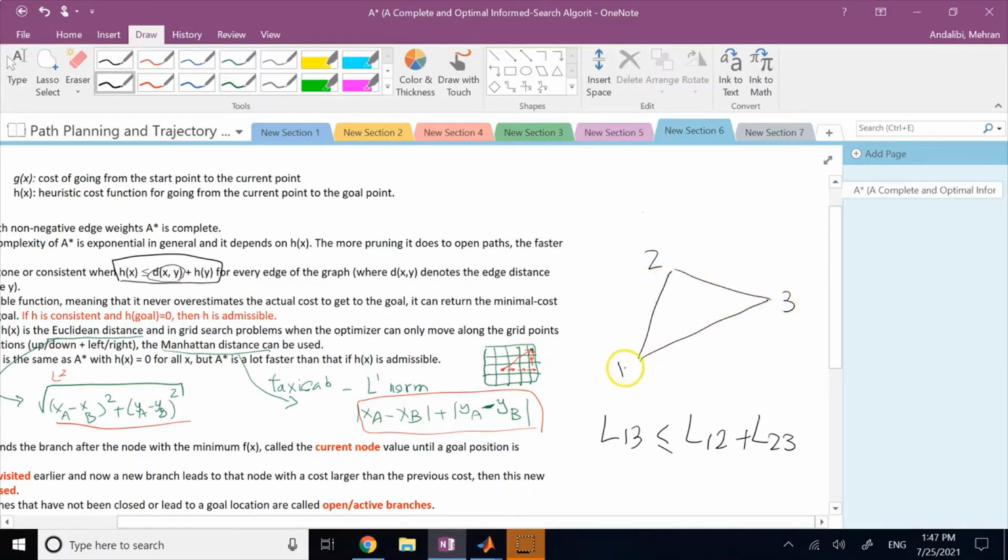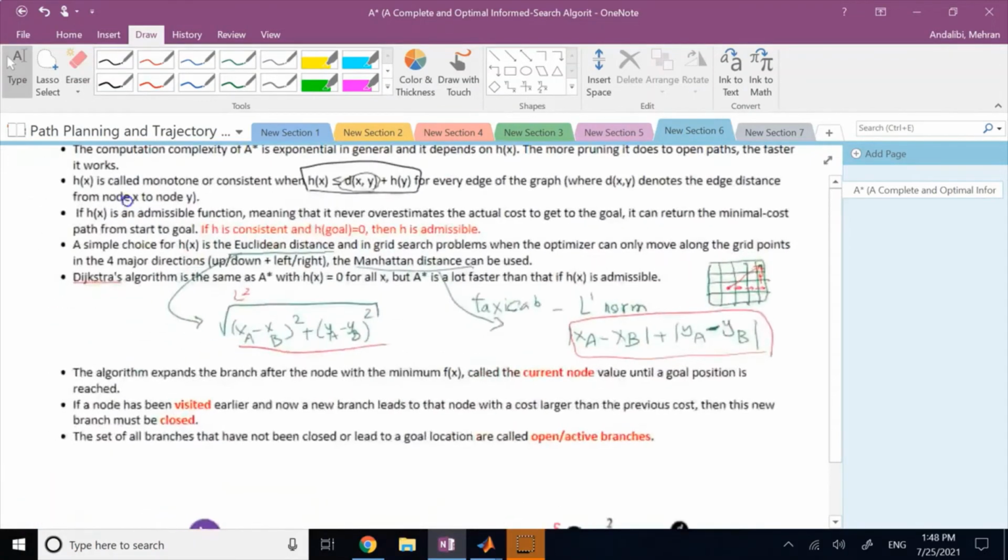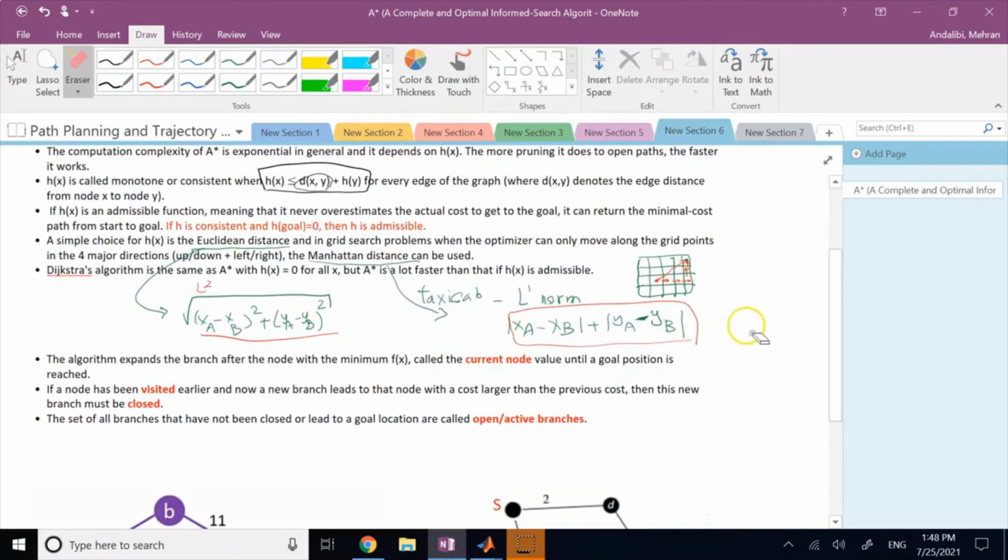So in Euclidean space, if D and H are determined that way, you are guaranteed to have an H that is consistent. I just wanted you to know about some possible choices, but these are not the only choices you have for H. As I said, H is heuristic, so in some examples one function might work a lot better than the other, or you might even find a function that is none of these distances and it outperforms them, because it depends on the type of problem to be solved.